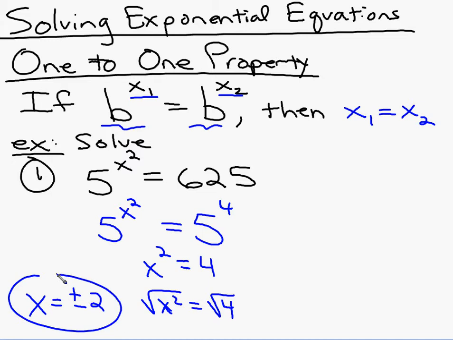And how could I check that? Couldn't I just put the number in? If I put a negative 2 in right here, I'm going to square it, right? So negative 2 squared is positive 4. So this does check out. Let's do another one. That one wasn't that bad.